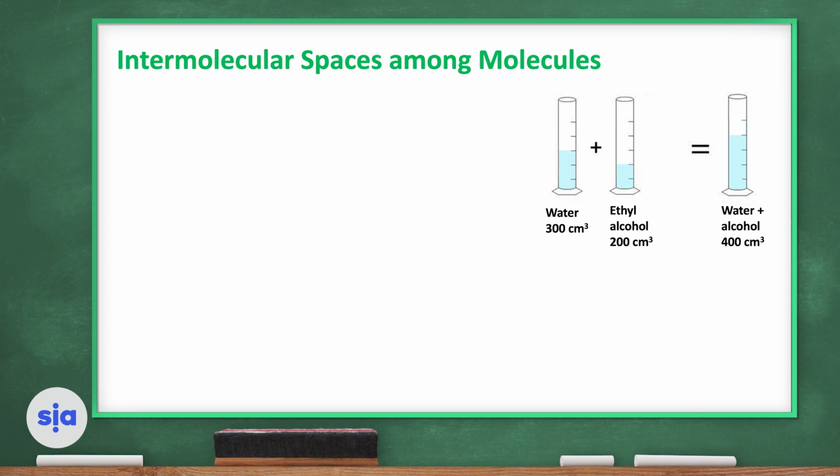Do molecules have spaces in between? Yes, they have. And we call these spaces intermolecular spaces. Let's add 200 cubic centimeter of ethyl alcohol to 300 cubic centimeter water in a cylinder, of course.